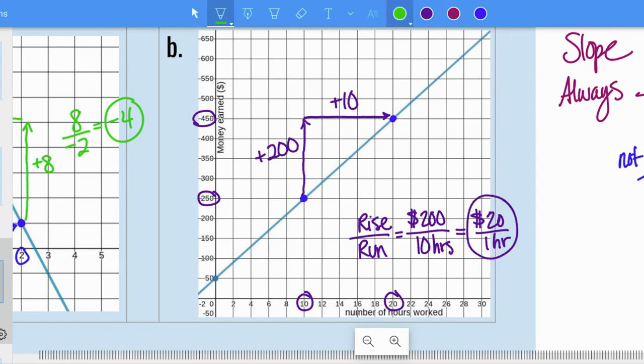And just as we did before, we could start at the other point, and we could go straight down and say we went down $200 and backwards 10 hours. And the same thing would happen, because a negative divided by a negative would give us our positive slope. And that's how to find slope from a graph.